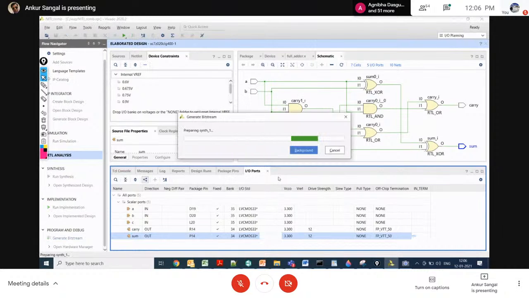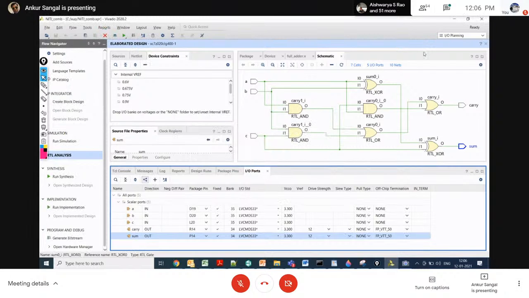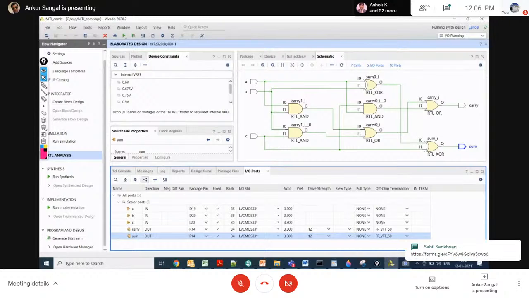You can see the progress bar showing here. Currently synthesis is running.